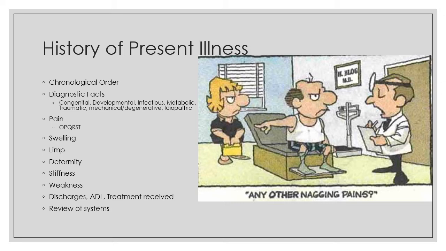Weakness that is sudden usually points to a traumatic cause, while weakness that is progressive may point to a neuropathic or myopathic cause. We also ask for discharges.